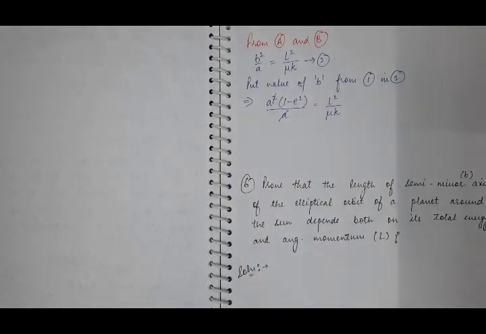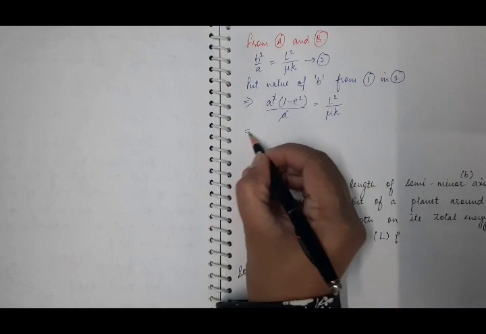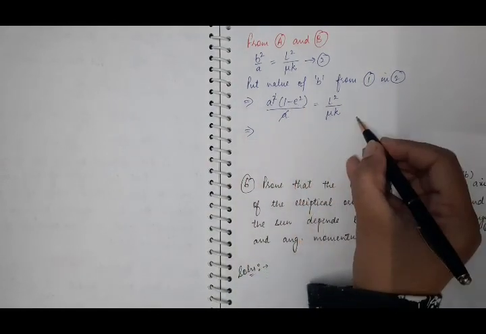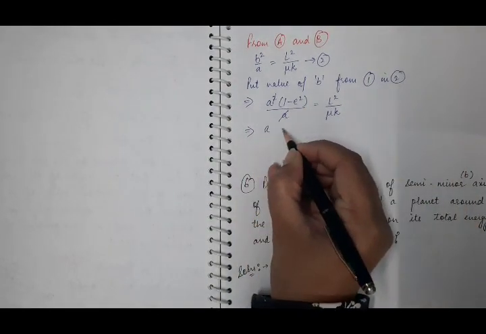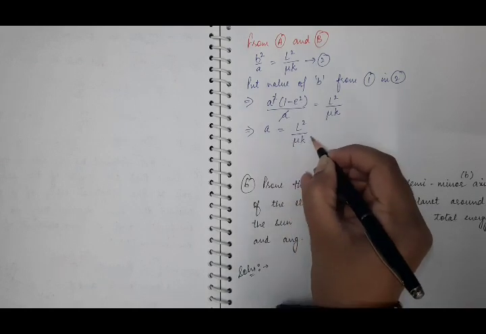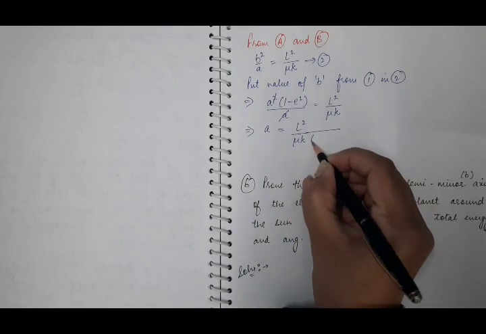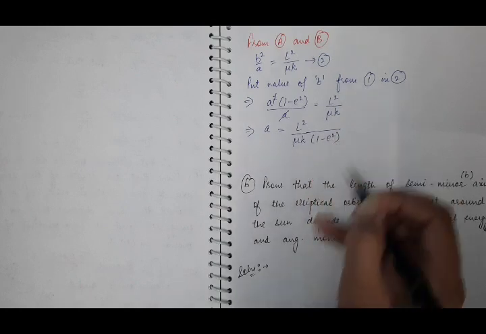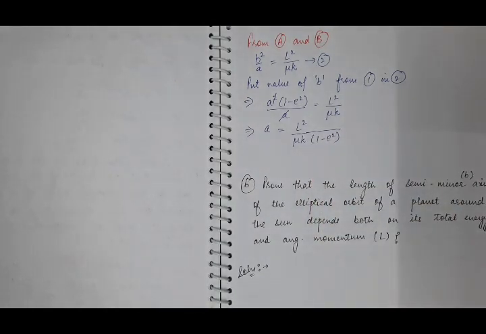We have to find the value of A. So move this 1 minus E square to this side. So we have A is equal to L square by mu k into 1 minus E square. And now what is the expression of eccentricity?